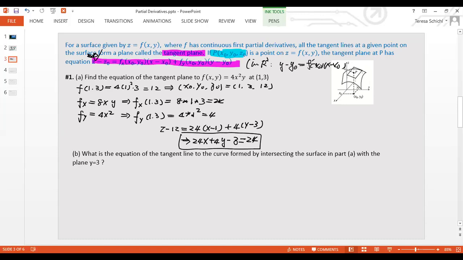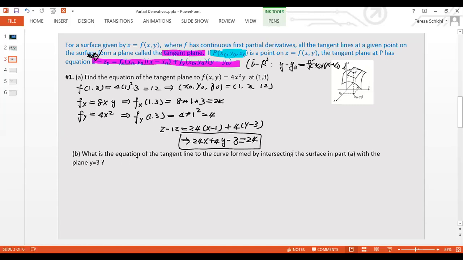Okay, so now let's say, what is the equation of the tangent line? Remember, the tangent line in R3 is like if you fix along the x-axis or along the y-axis. So let's say here, what is the tangent line if I fix y equal to 3? That is the tangent line to the curve given by intersecting the surface at y equal to 3.